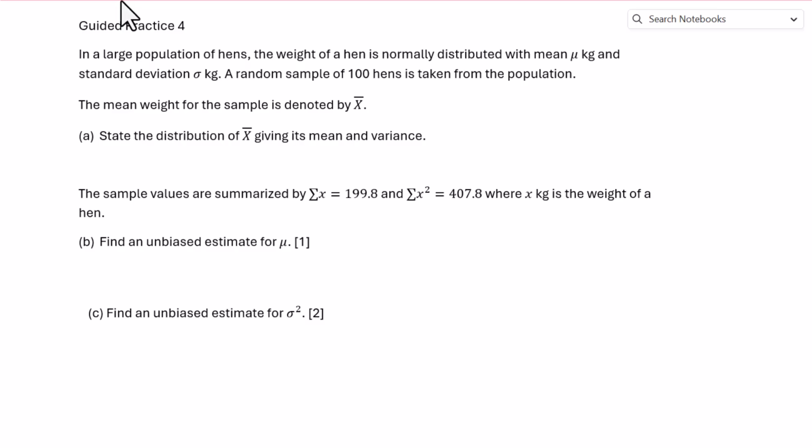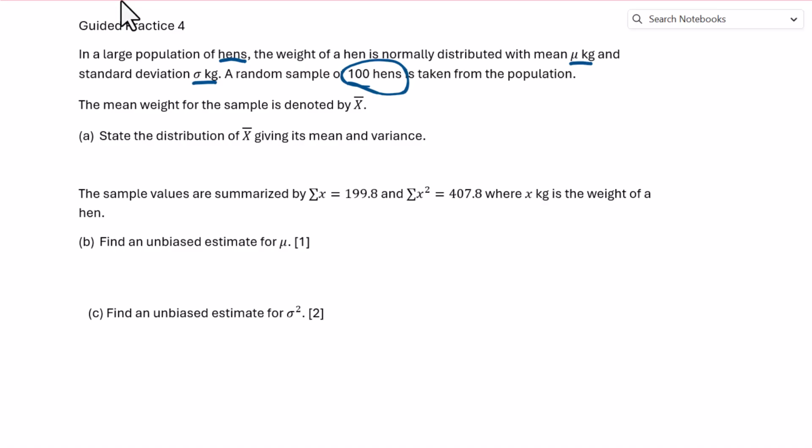In a large population of hens, the weight of a hen is normally distributed with mean mu and standard deviation sigma. A random sample of 100 hens is taken from the population. The mean weight for this sample is denoted by x bar.